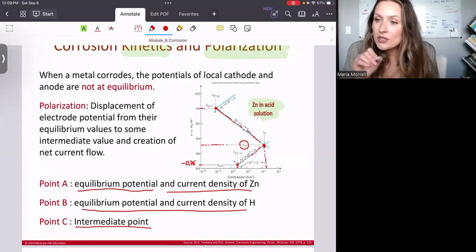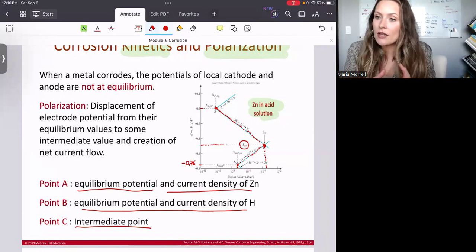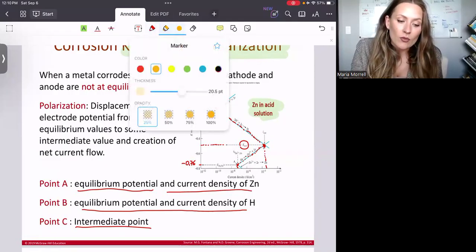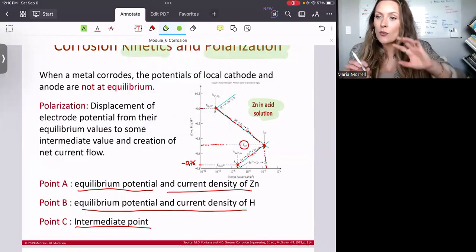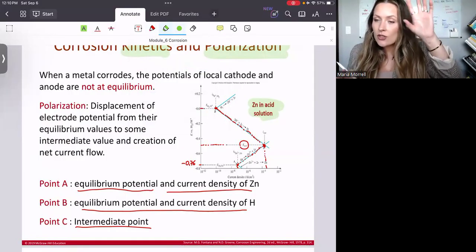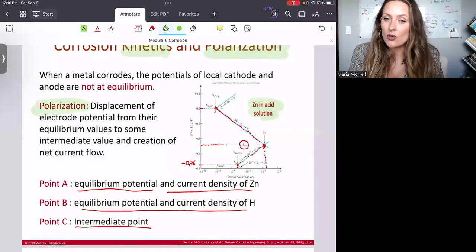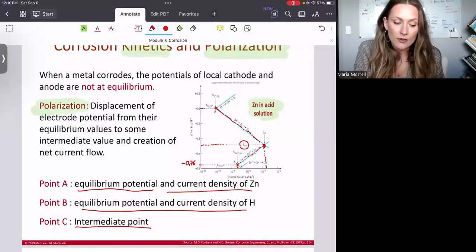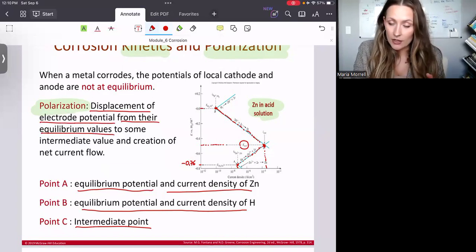Now, that potential is going to be the real potential that exists on the metallic surface, and that potential is the one at which corrosion actually occurs. And we clearly observe this displacement of the electrode potential from the known equilibrium values to this intermediate point. That displacement is called polarization. So if I am to go by the full definition, polarization is a displacement of electrode potential from their equilibrium values.